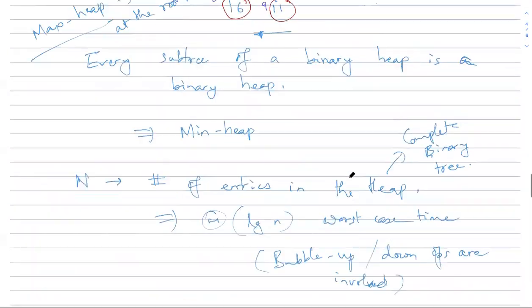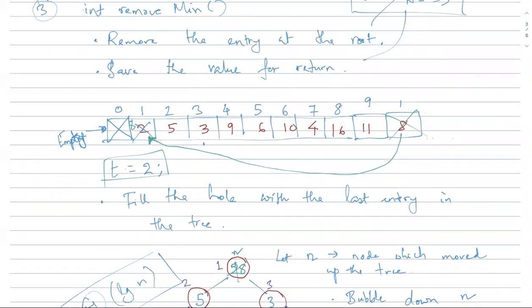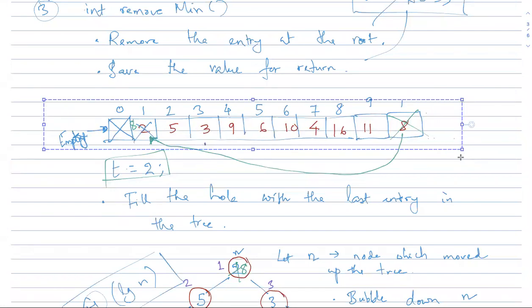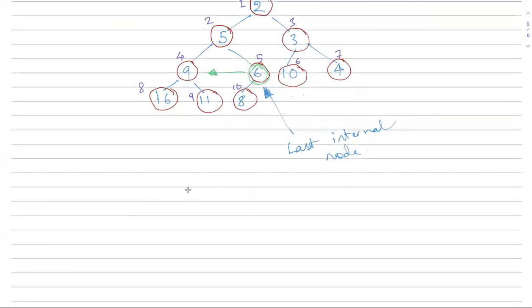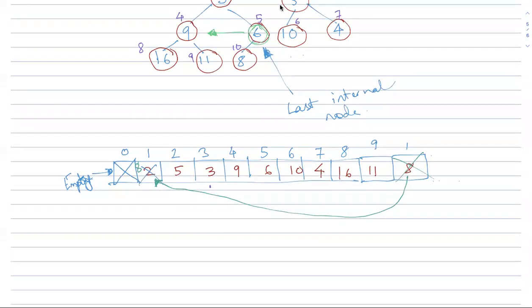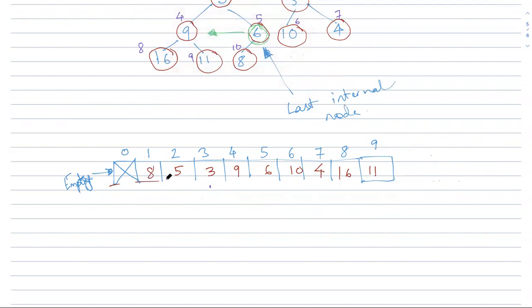And if you want to see it in the form of the array, let's see that also. So just for clarity, it's 8 here.